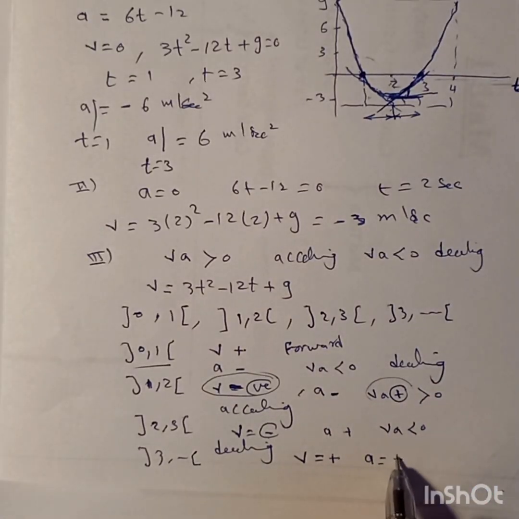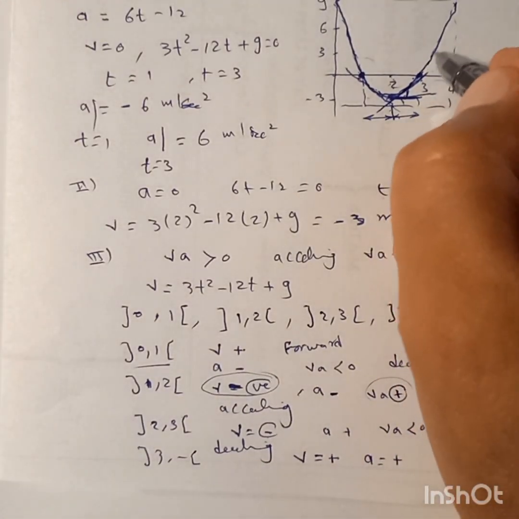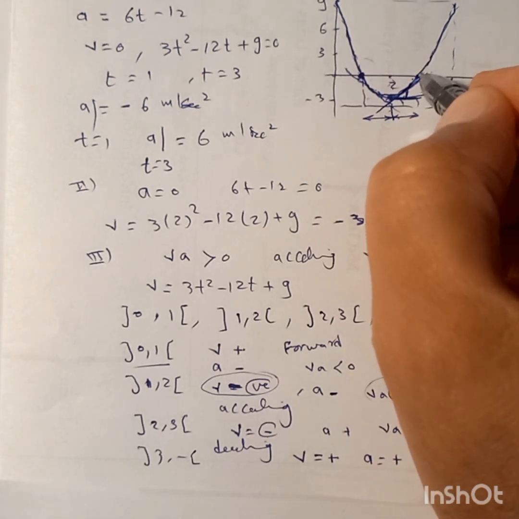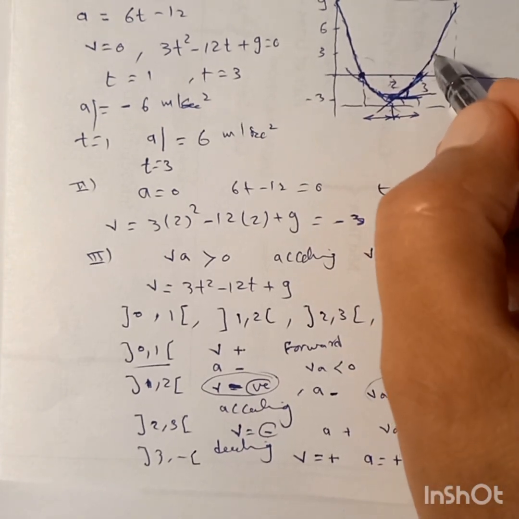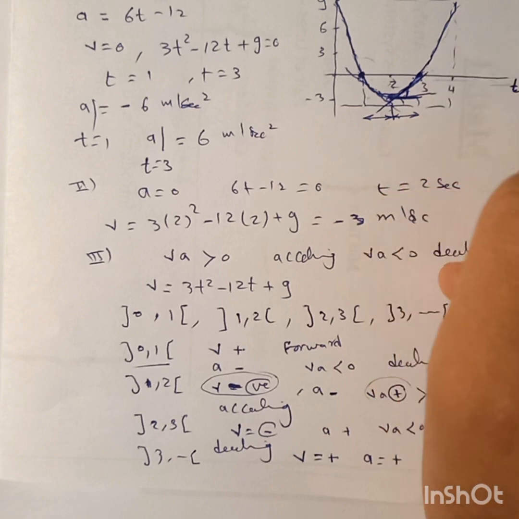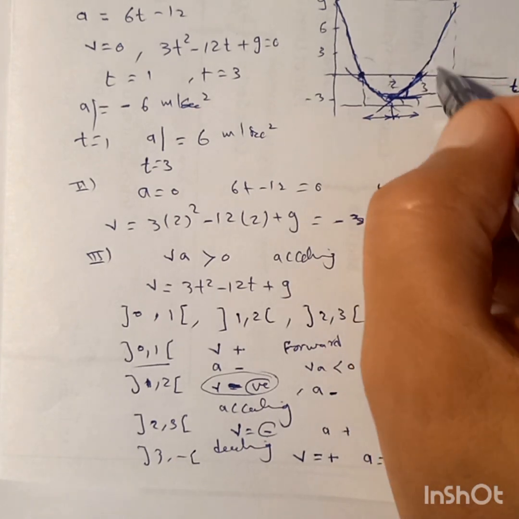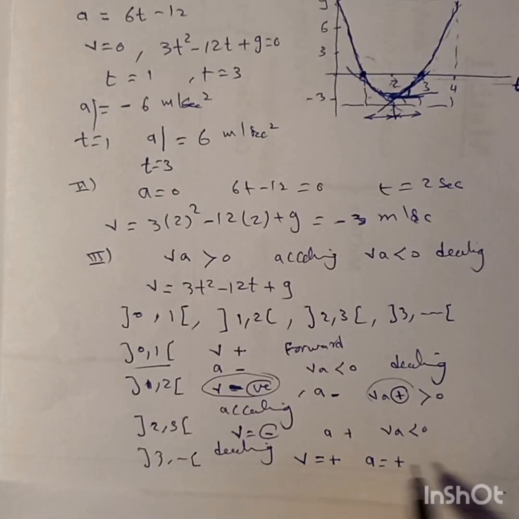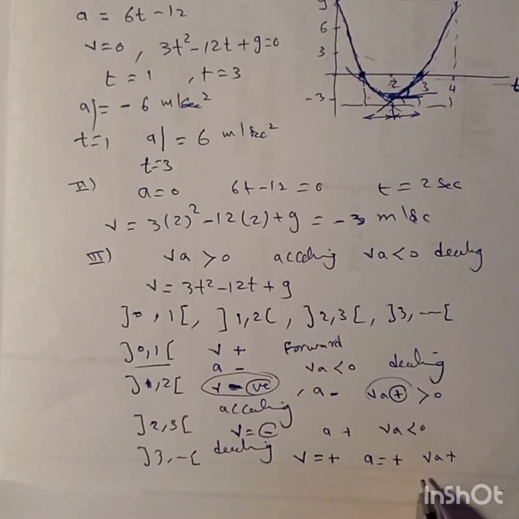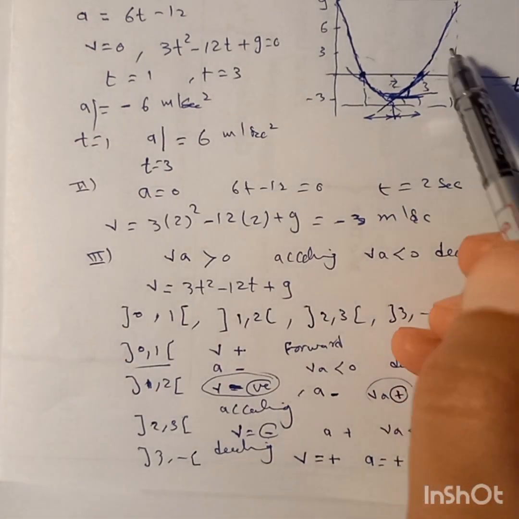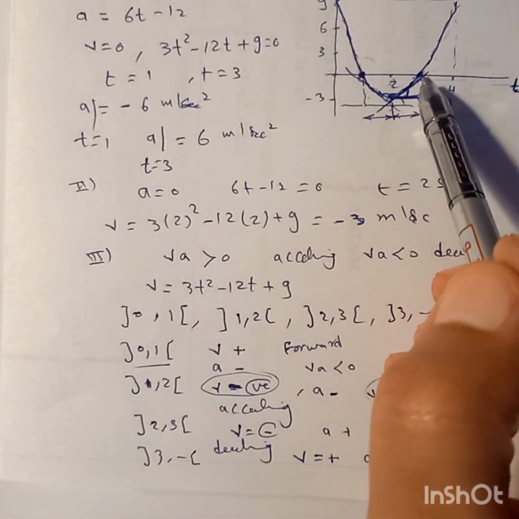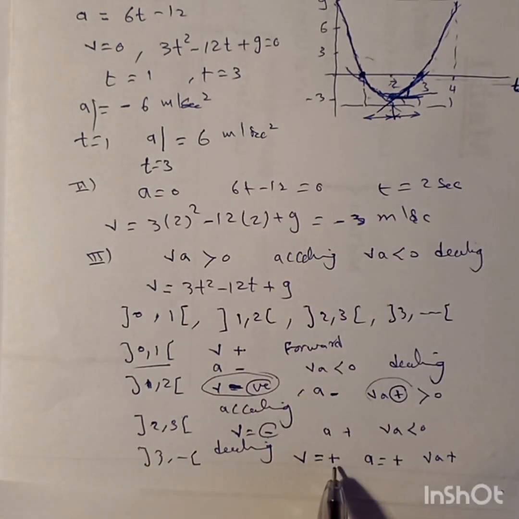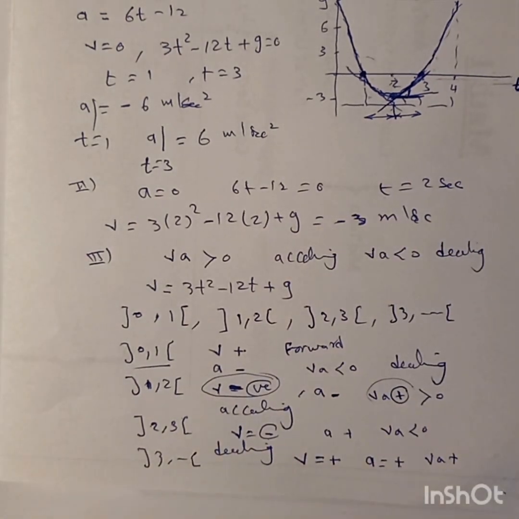Acceleration here is positive as well, as the slope of the tangent to this curve during t greater than 3 is positive, as the angle made by this tangent with the horizontal is acute. Then va is positive as well, and consequently the motion when t is greater than 3 seconds is accelerating in the forward direction, and this is required to find.